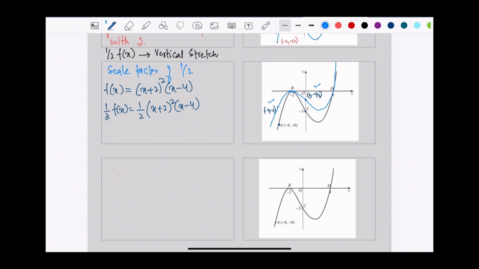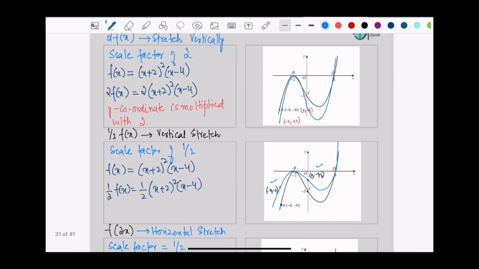So let's see another stretch. If I say f of 2x, this means that this is a horizontal stretch, and the scale factor in this case is 1 over 2.